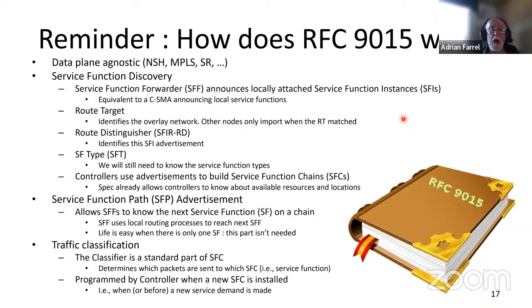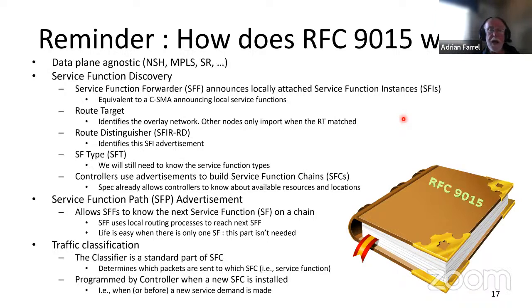It uses the route target to identify the overlay network that's going on. And that's kind of useful because it allows only the edge nodes, like the ingress CAN routers, to listen to the announcements where the route target matches. So there can be a lot going on in BGP, but you only have to pick up the service announcements for the services you care about.